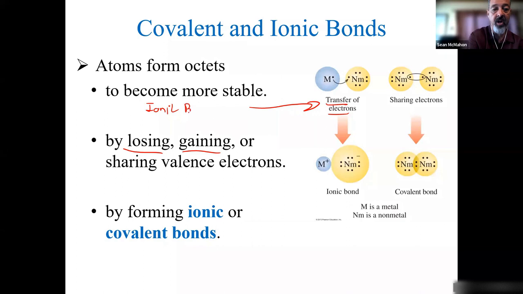So ionic bonds involve an exchange: someone loses, someone gains. There's a complete electron transfer, so as a result, you get charged particles. With sharing, no one's giving up an electron, no one's taking it. They're just getting close enough where the electrons are overlapping in the same space, so that's sharing. And that's why there's no charge with covalent compounds.